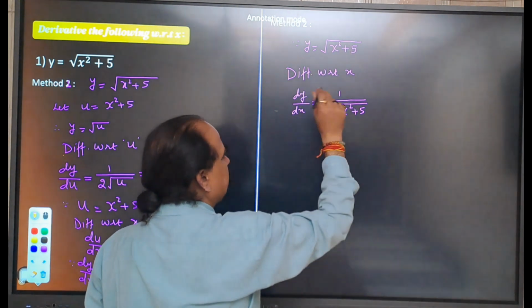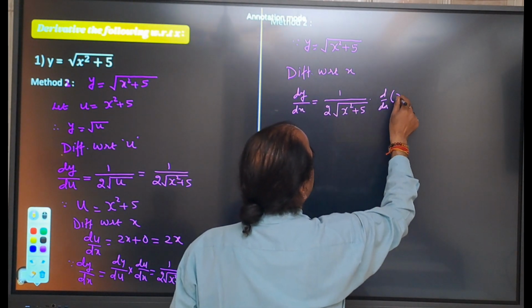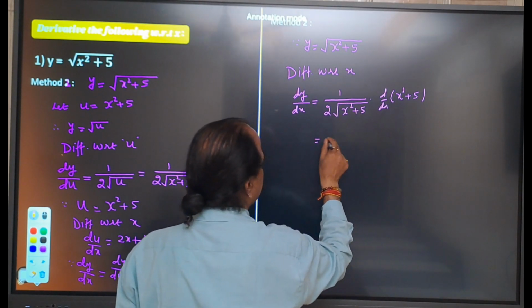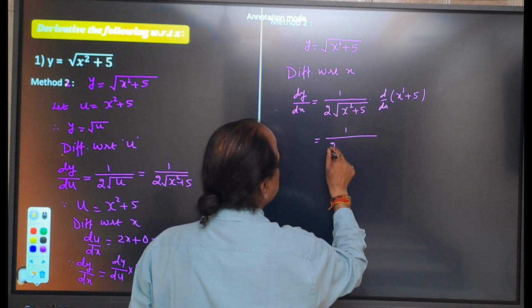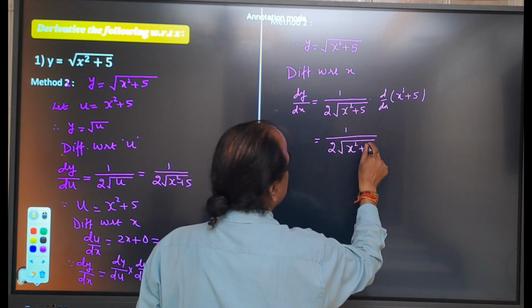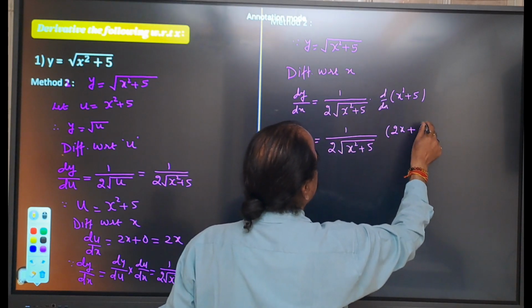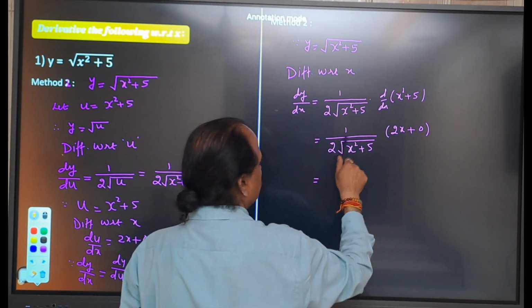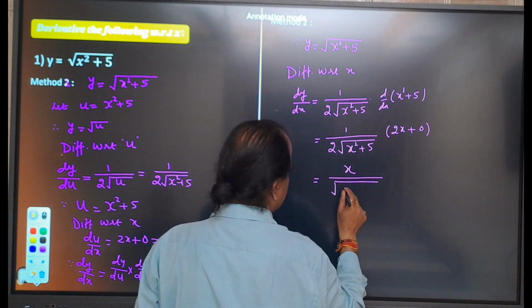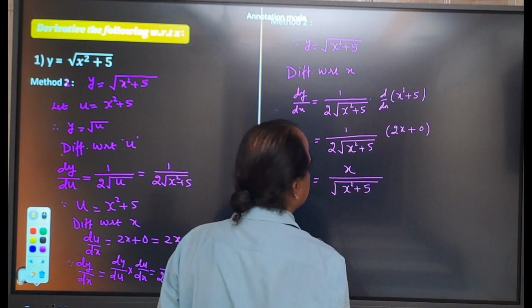Whatever inside is there, keep as it is, into derivative of inside function. 1 upon 2 root x square plus 5 into 2x plus 0. 2 cancel, x upon root x square plus 5.